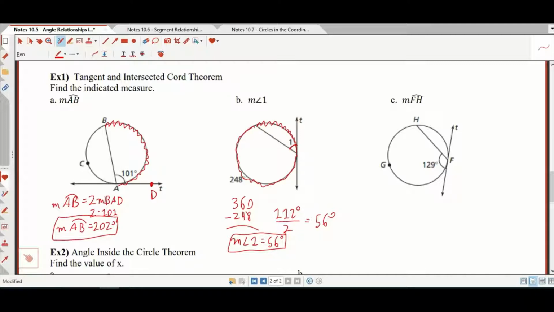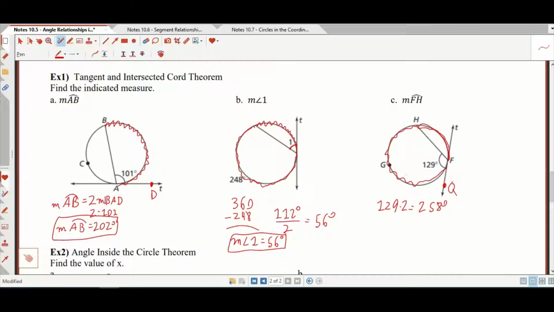Now I need the measure of arc FH. Same problem here, except here's the thing, I don't know what HGF is, but I know what the measure of that angle is, and it's 129 degrees, which means arc HGF is thus twice that. 129 times 2 is 258 degrees.